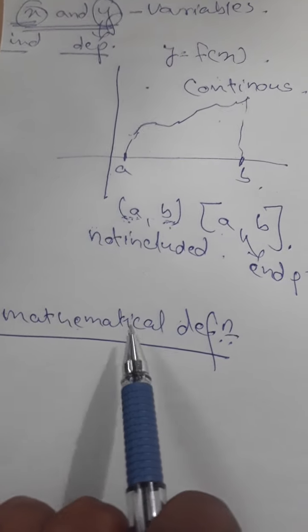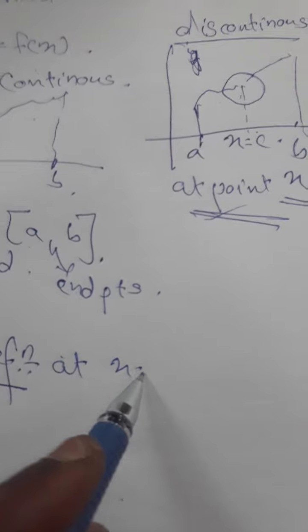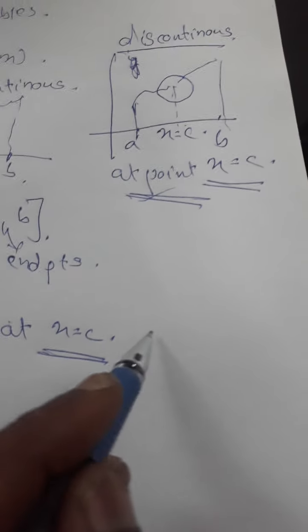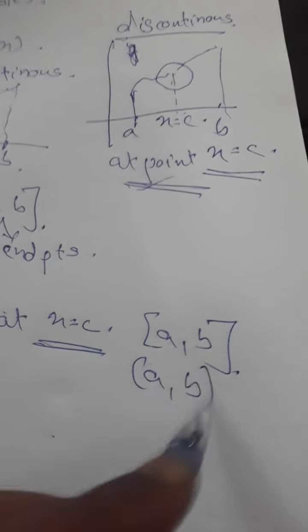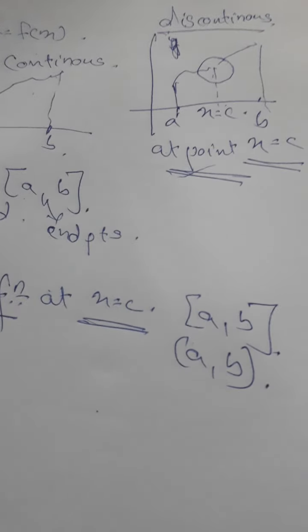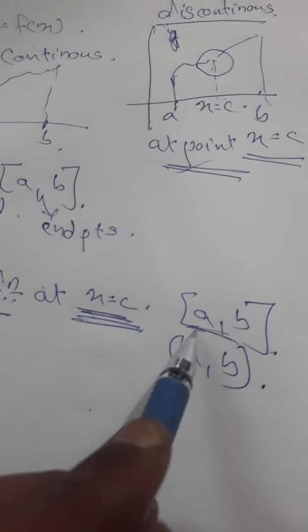First we shall define the mathematical definition of a function at any point x is equals to c in a given interval, say it may be a closed interval or an open interval.